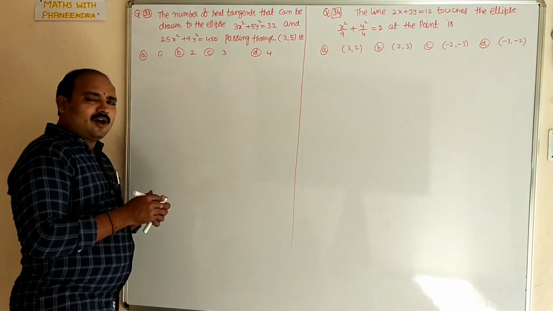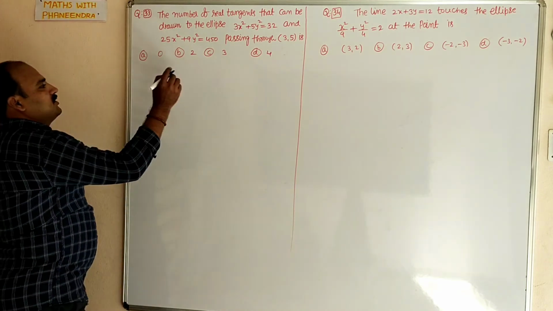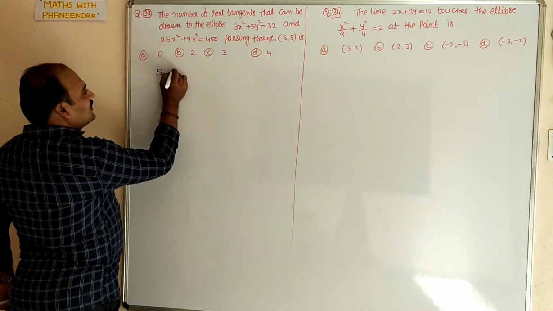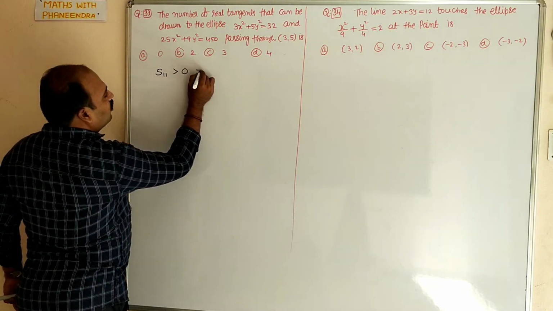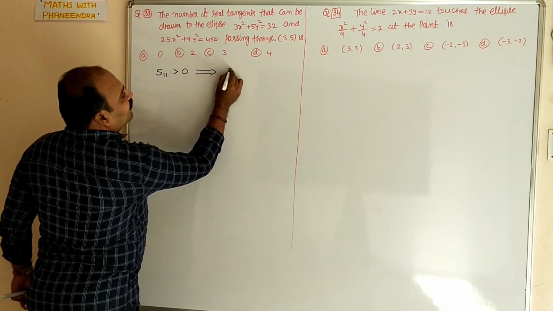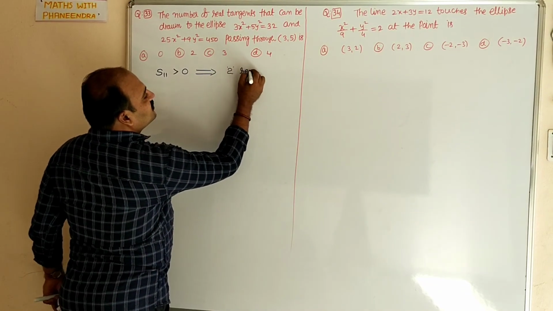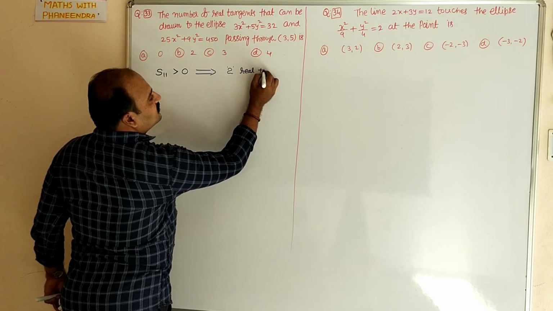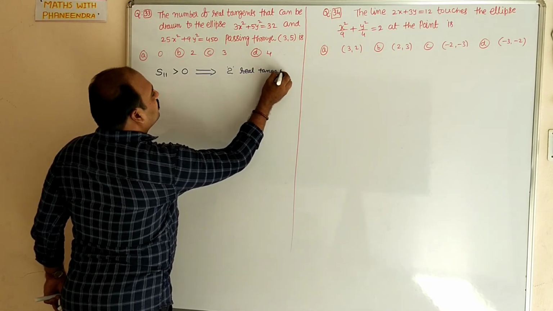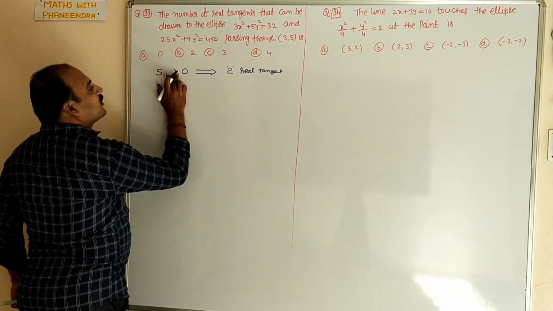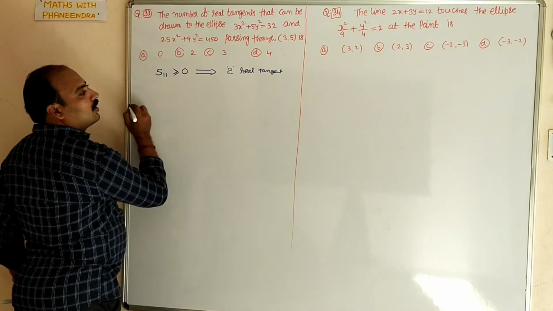See, based on the power of the point S11, whenever S11 is greater than 0, we have 2 real tangents; greater than 0 or equal.